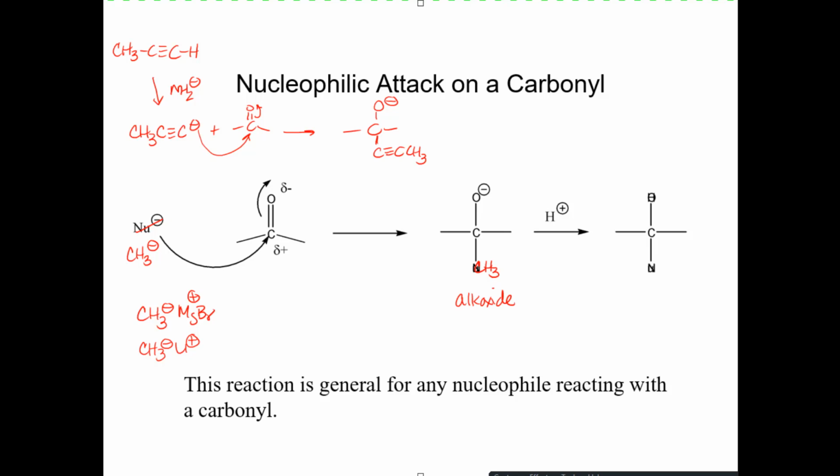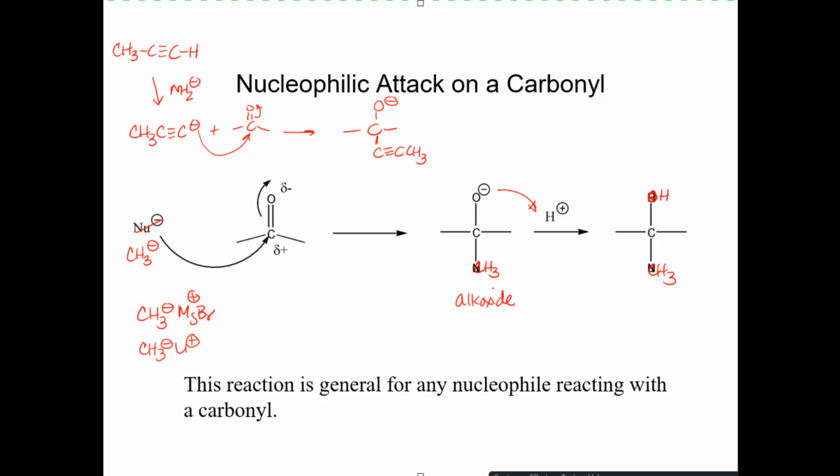In the lab, what I do is I do this reaction. And then once the reaction is over, I need to convert the alkoxide to the alcohol. The way that I convert the alkoxide to the alcohol is just simply adding an acid.